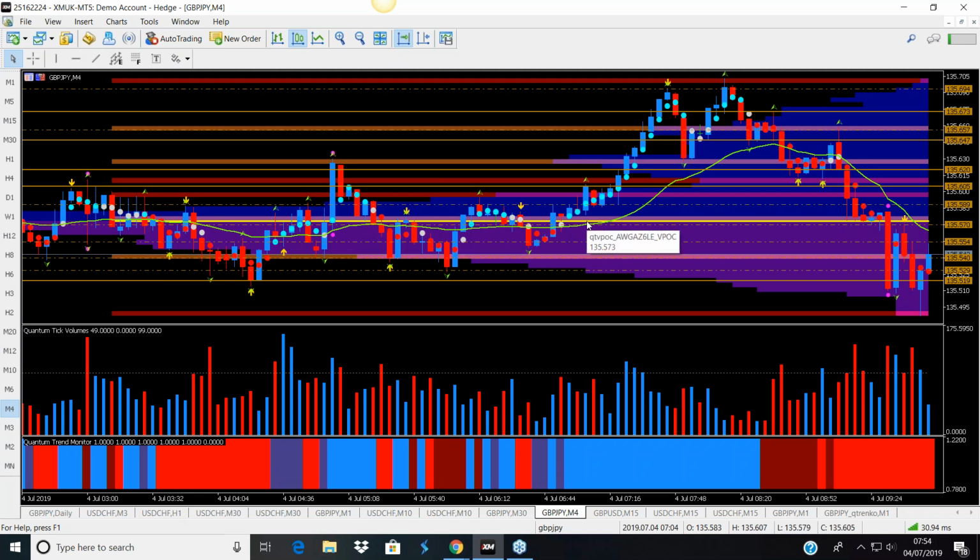Traders don't want to push it in one direction or the other. When you do get a breakaway, and a trend is a breakaway, it's a breakaway from a congestion period, from an area of supply and demand, from accumulation and distribution. And here we have a really nice trend up.